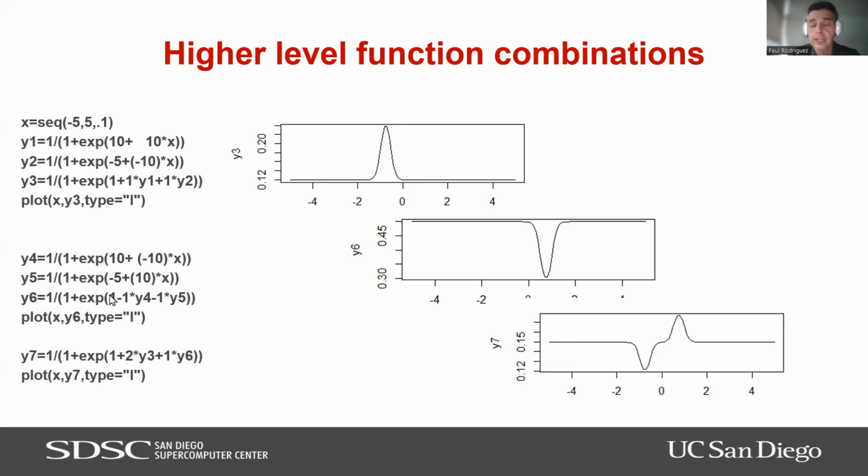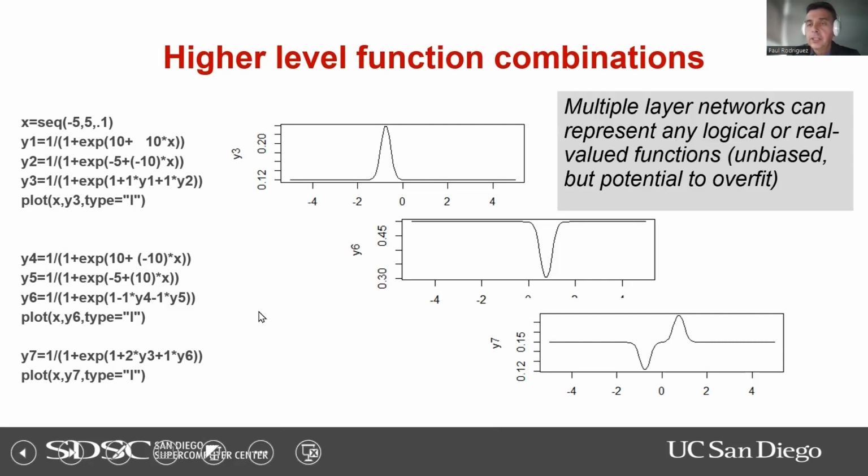And as you continually add outputs into new combinations, you can get really complicated looking functions. And the general point is that as you add layers, multiple layered networks can represent any logical or real valued functions.